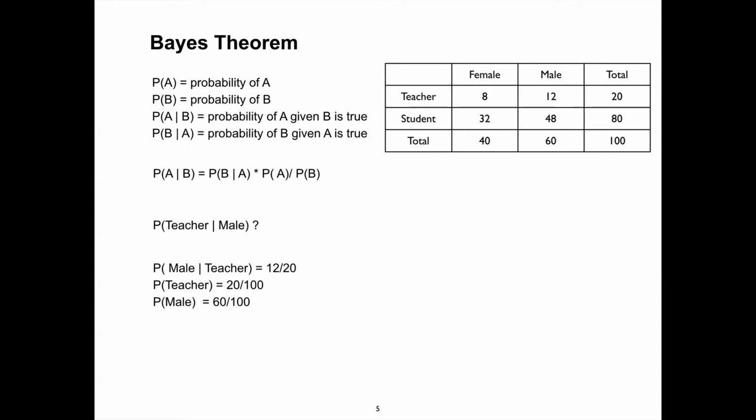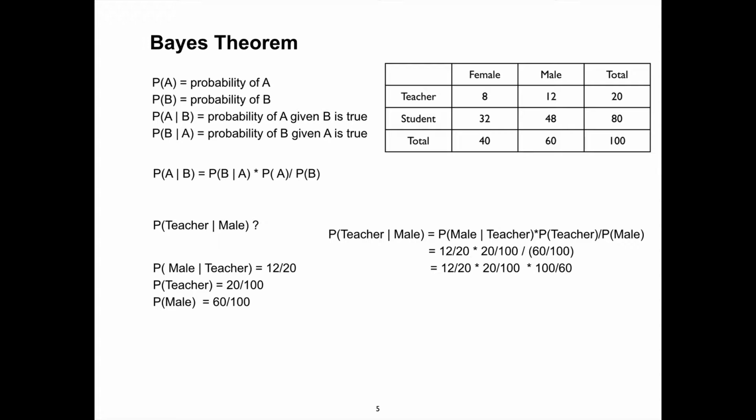Using Bayes' theorem, we can compute these values, and then we can substitute those values in, and then we start simplifying things, right? And then finally we get the answer, and indeed that makes sense because if we know they're male, there's 60 males, and out of the 60 males, 12 are instructors, right?